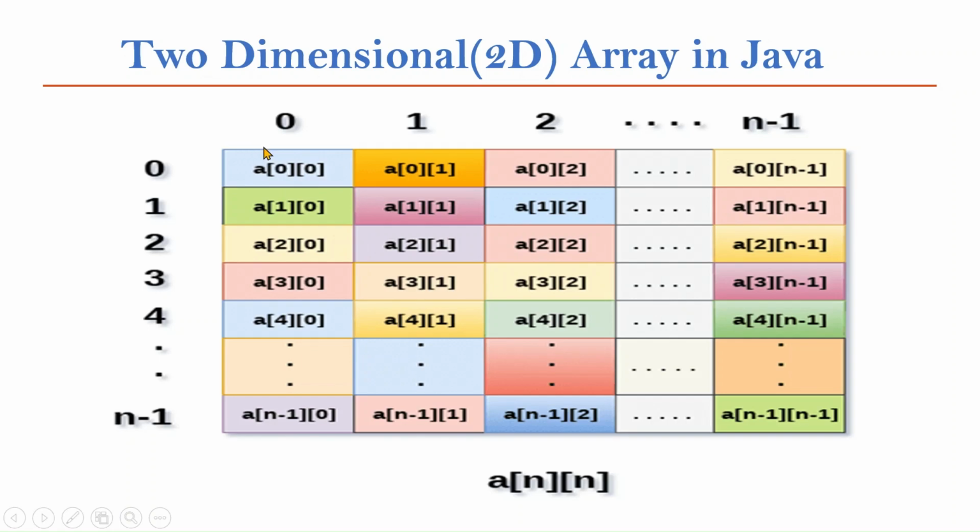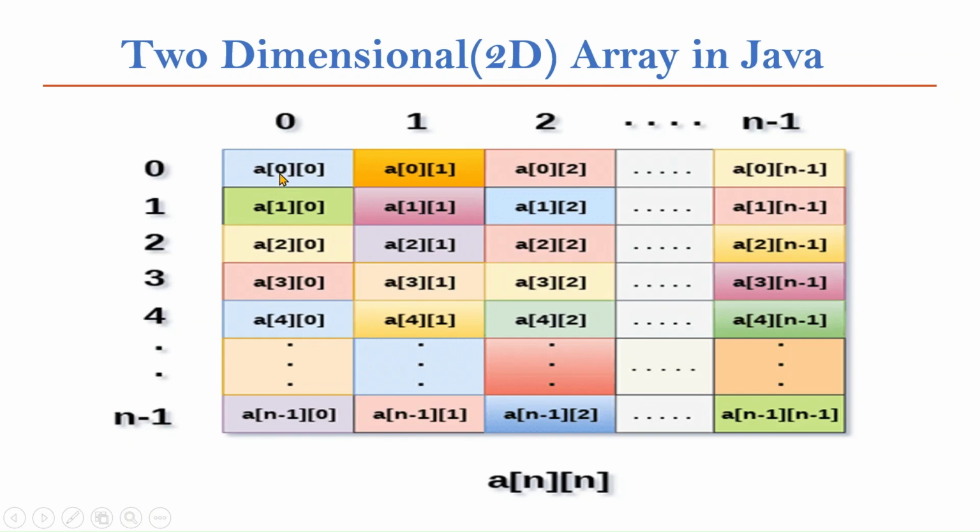The array index starts from 0. So you can see index 0, 1, 2 till n minus 1 for rows. Similarly for the columns, 0 to n minus 1. If you want to access the first cell, I need to write a[0][0].